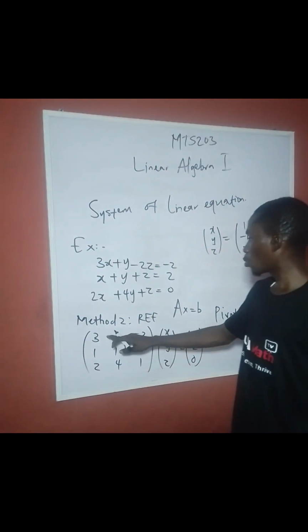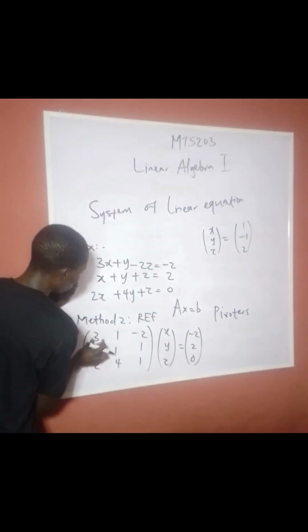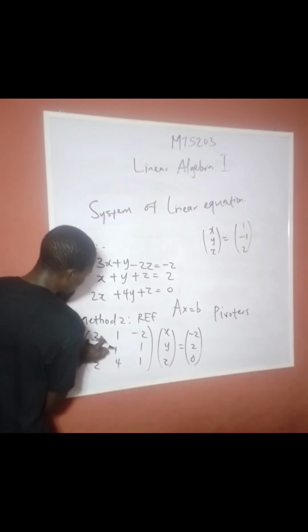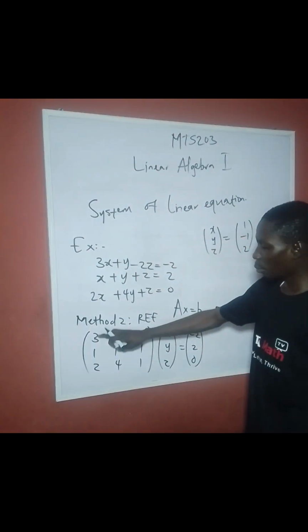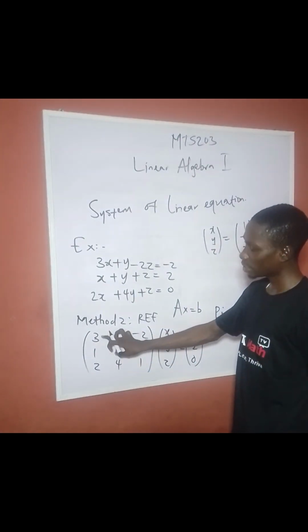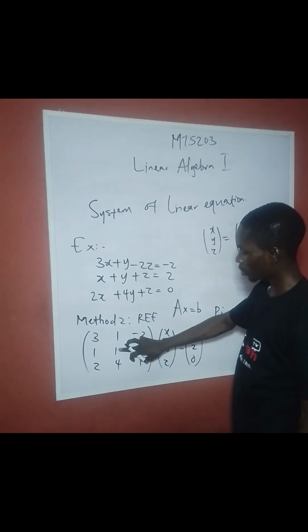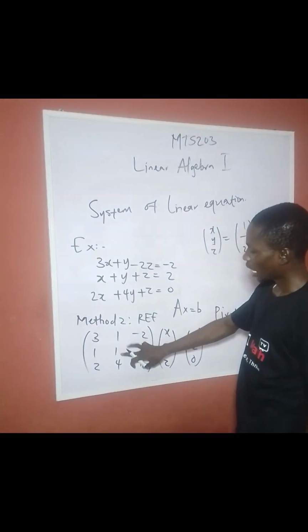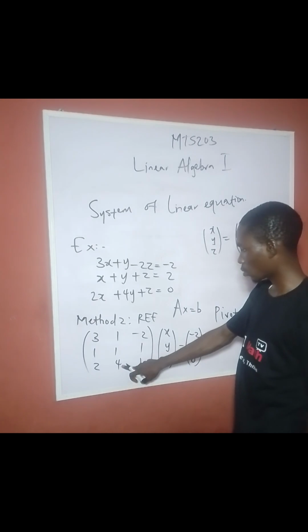So for my equation 1, for me to have this as my pivot, I must make this 3 to be 1, and then after that I must make sure that every element under it is zero. And for my second pivot, which is 1 already, I must make sure that the element under it is 0 as well. So how do I go about that?